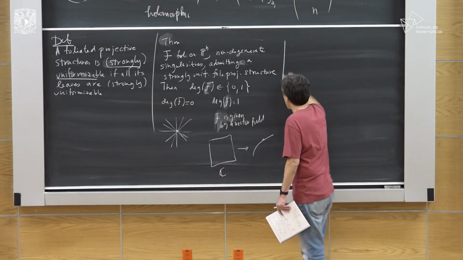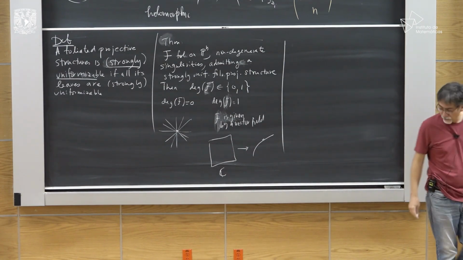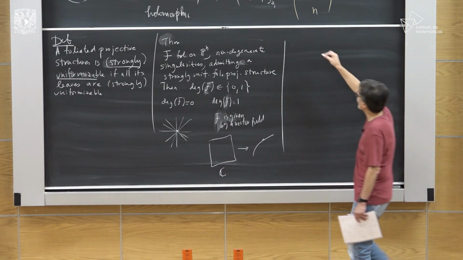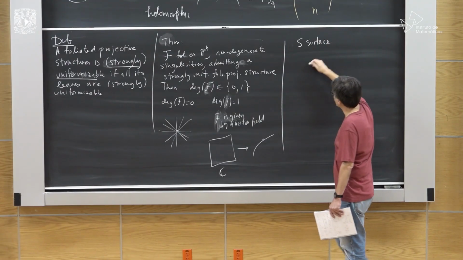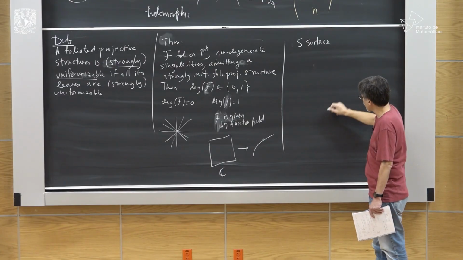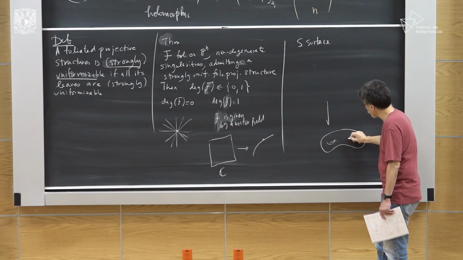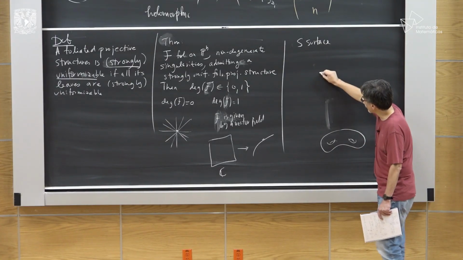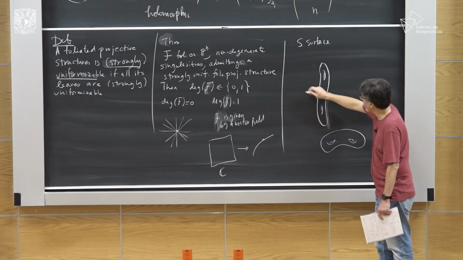Let me give you another one that's related to what Ilyashenko was saying. Suppose that you have a complex compact surface that fibers over a curve, a compact curve, and that the fibers are connected.